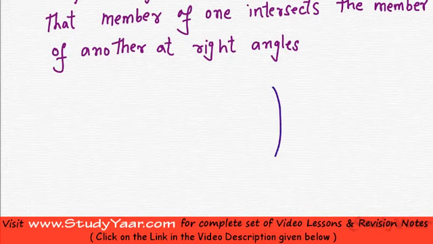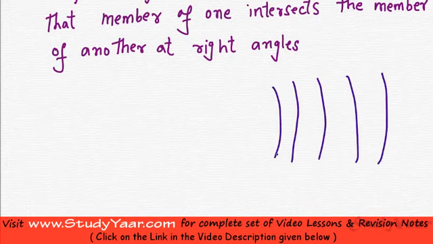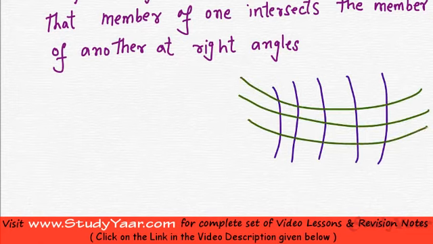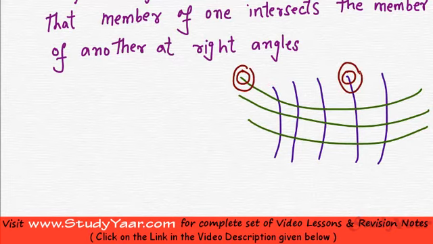If I have a family of curves like this, and another family of curves like this, then these two families of curves are orthogonal. Let's look at this member and this member. This member is intersecting this member, although it is also intersecting this and this and this.